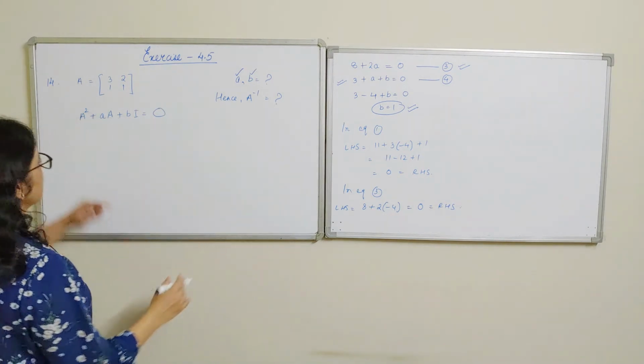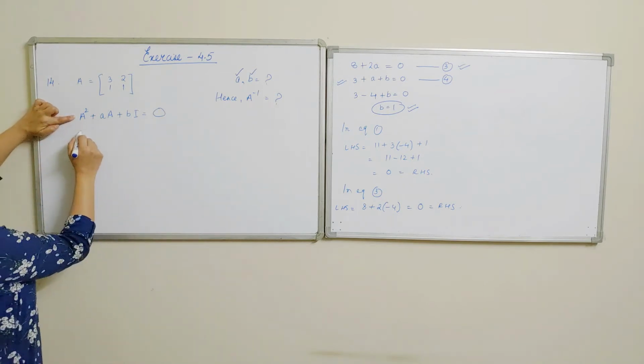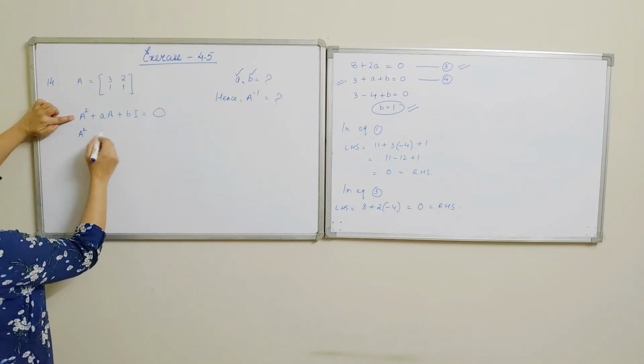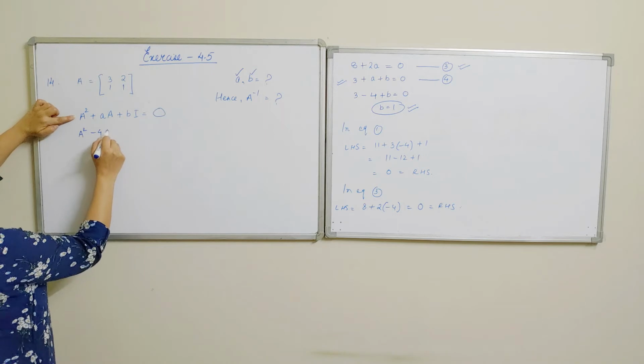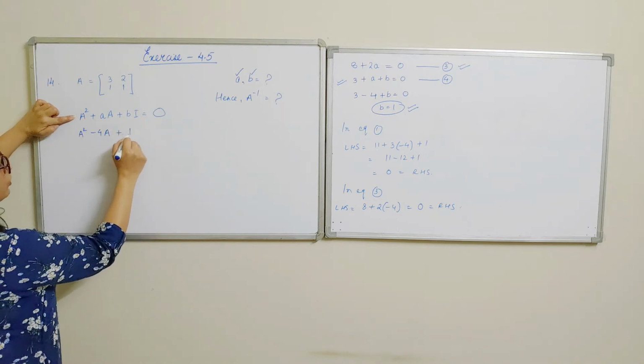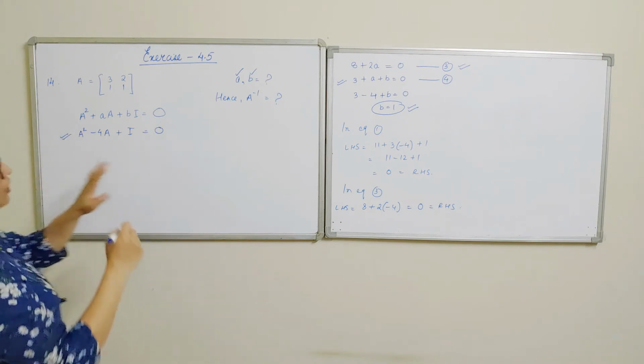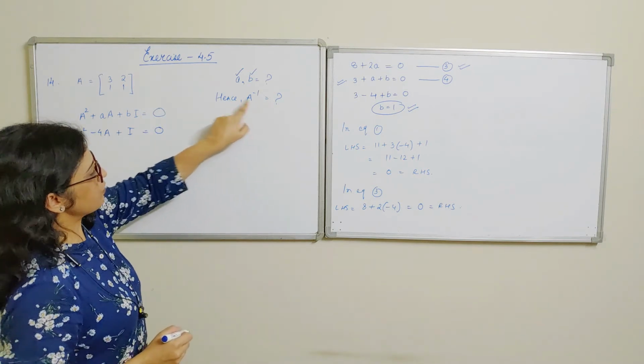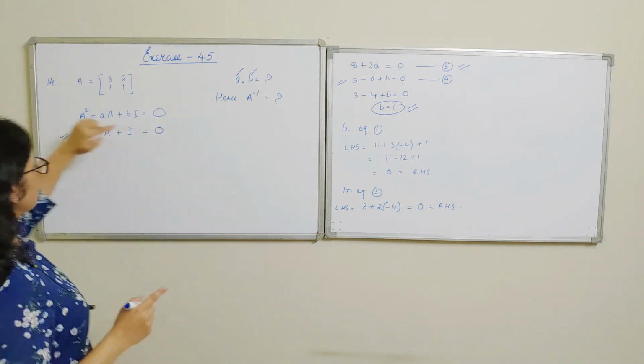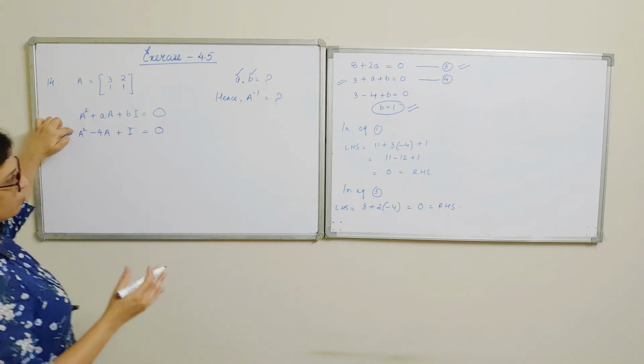Now after finding values of a and b, come back to this equation and substitute value of a, which is -4, and value of b, which is 1. So this is the equation now. Hence find A inverse. The word hence basically means to use this equation to find A inverse.